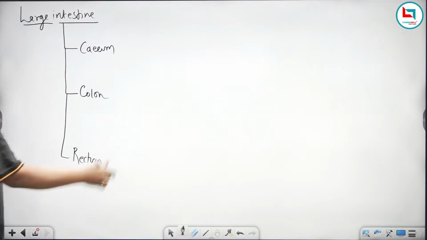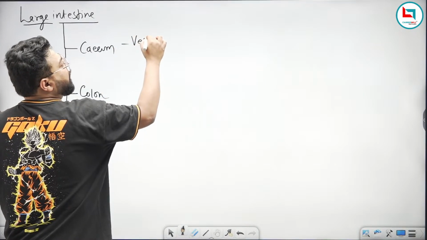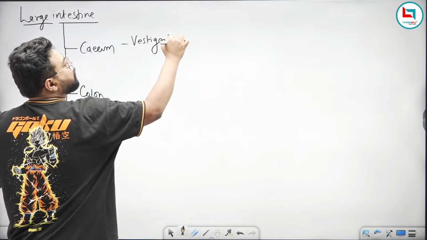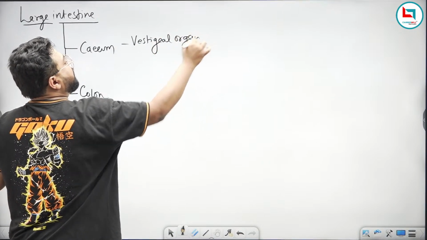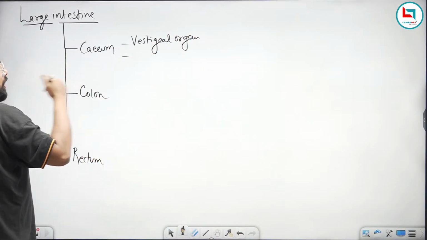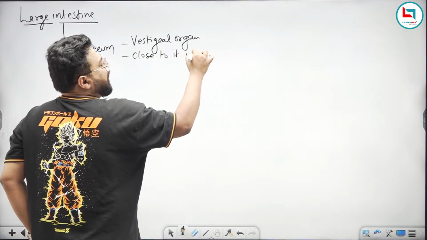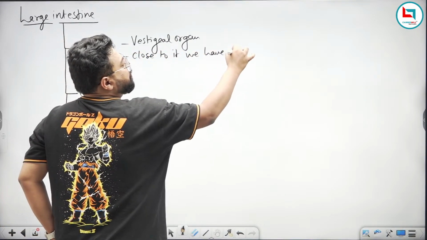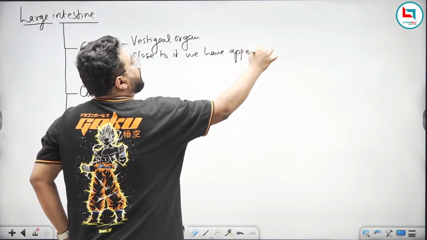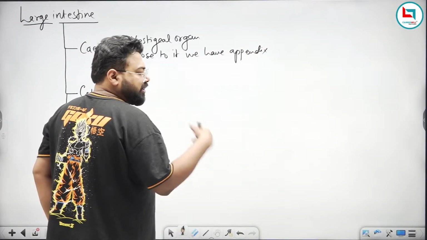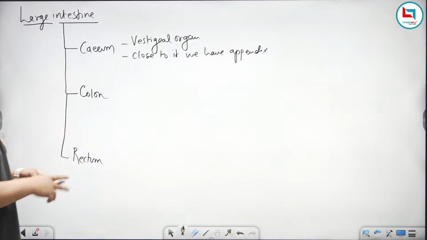Now, cecum is a vestigial organ. It does not have any functions now. Close to cecum, we have another vestigial organ, the appendix, and this appendix is a vestigial lymphoid organ of the body.